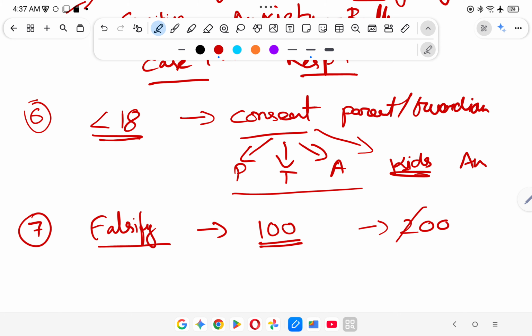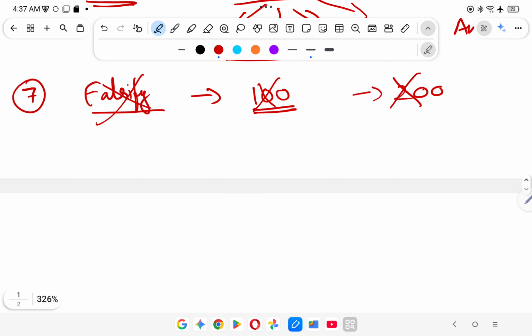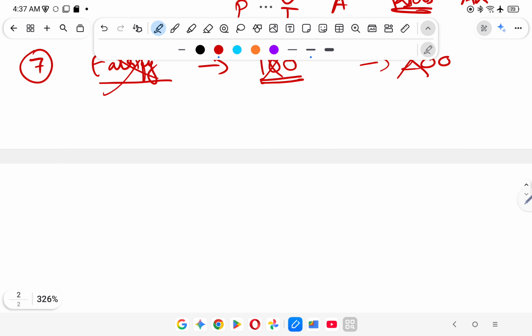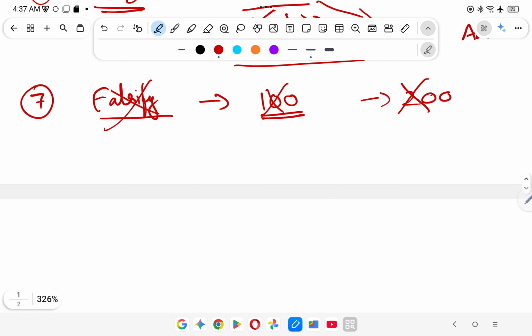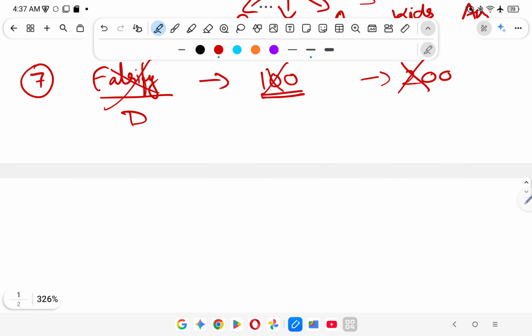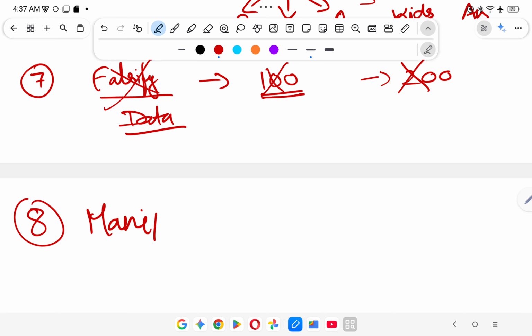But you shouldn't do this. Falsifying data is a very bad practice. You cannot indulge in these practices, because basically you are just lying, right? So you cannot indulge in falsifying data or manipulating data for that matter as well.